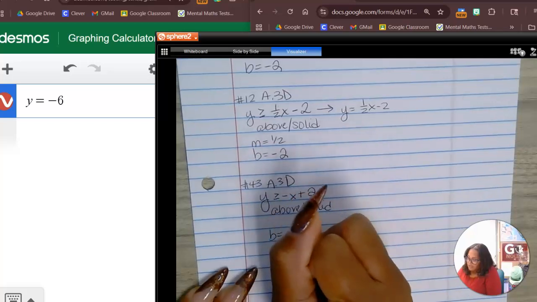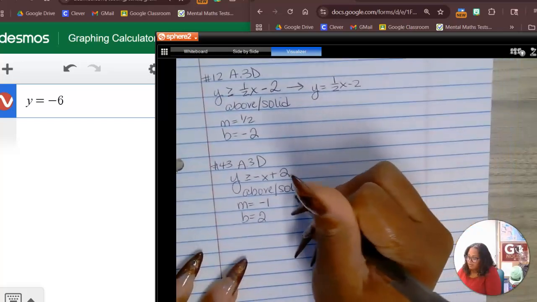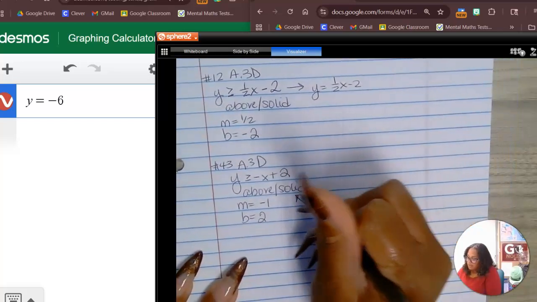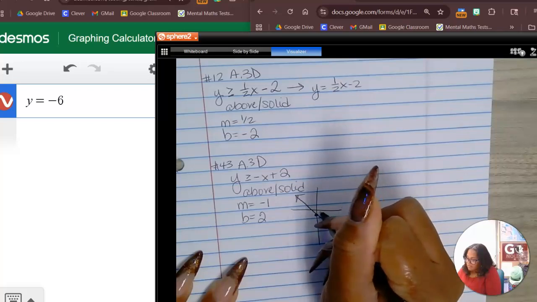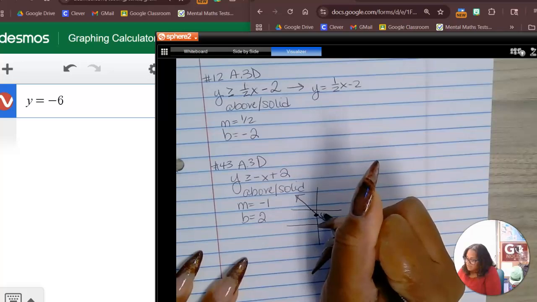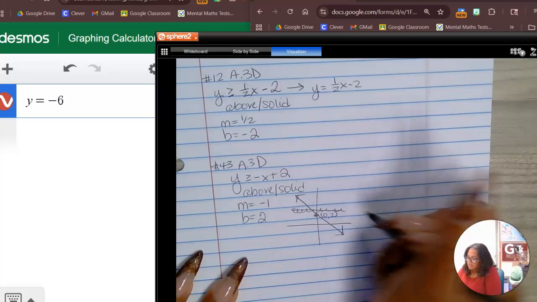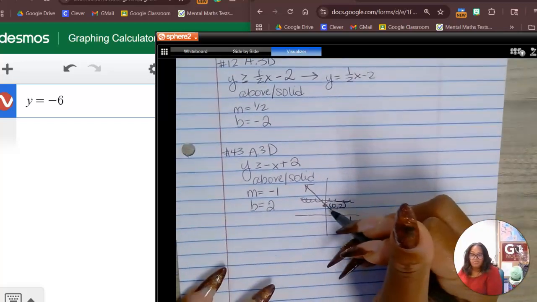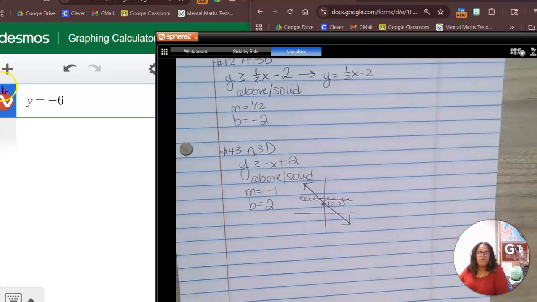My y-intercept is 2. My slope is -1. So that means my line will be going down. And then through the y-axis, this is 0, 2. Disregard this line here. And then it'll go down 1, right 1, down 1, right 1.